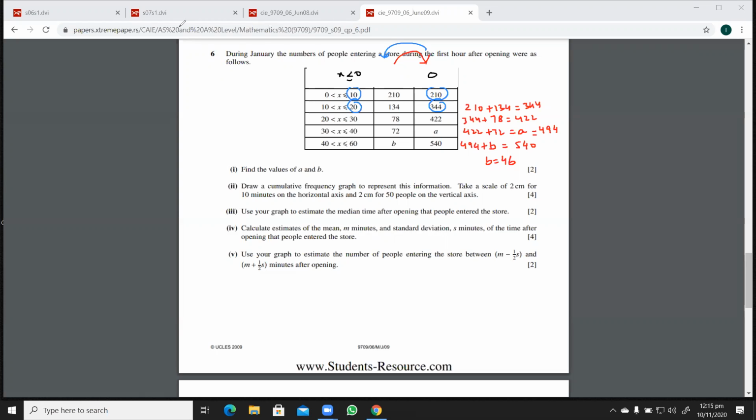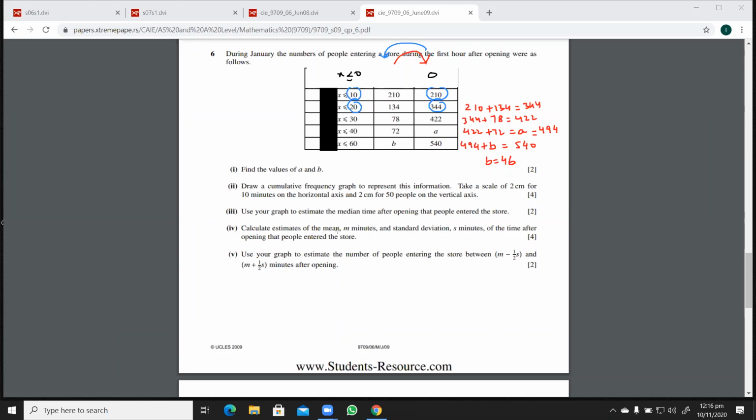So if I just cover this, just to show you that these are the points that you will be marking on your graph. You will get to that cumulative frequency curve, and then you can find the median. We have to find the median time over here.